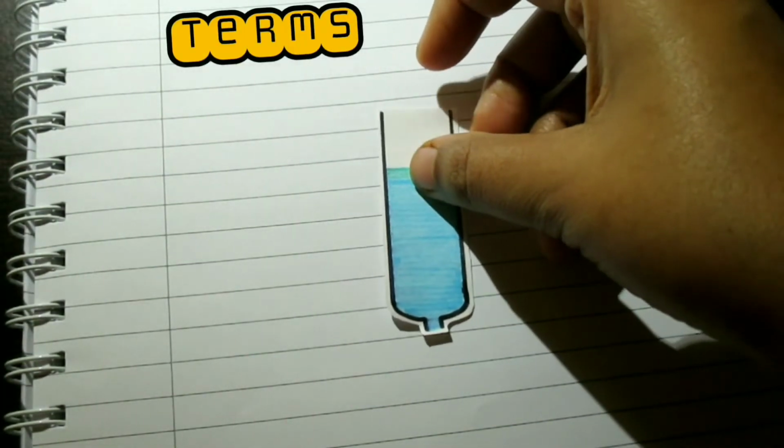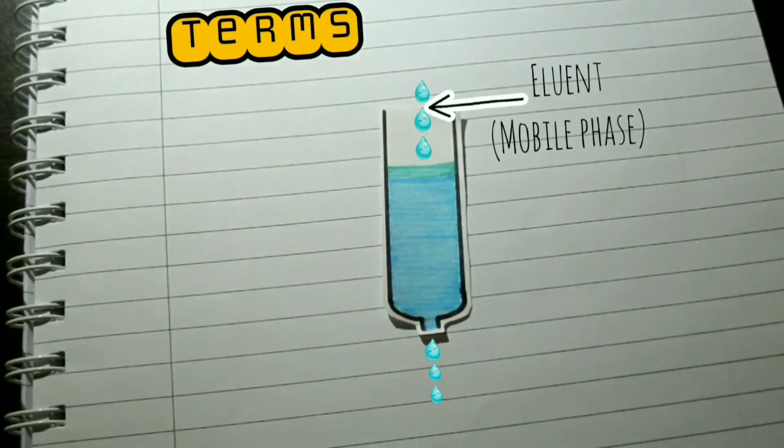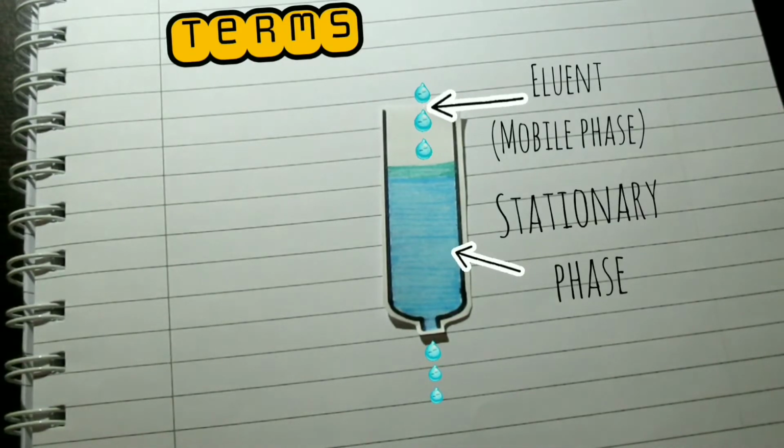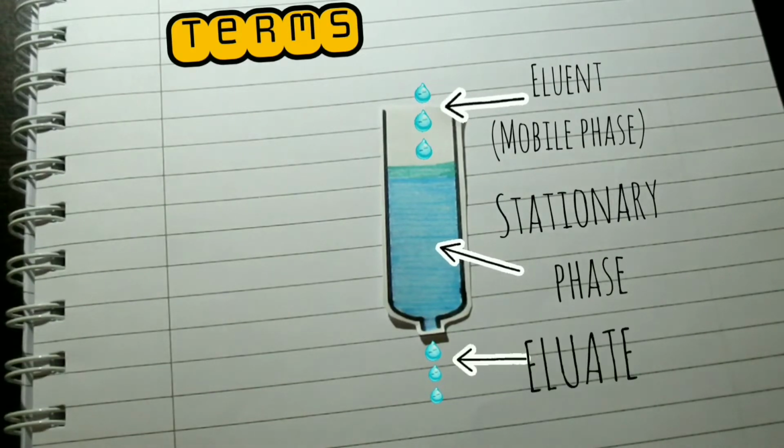Okay, now we need to learn a few useful terms of this technique. Eluent: an eluent is the solvent used to carry the components of a mixture through a stationary phase. It is an alternative term used for the mobile phase. Eluate: the mobile phase that exits the column is termed the eluate.